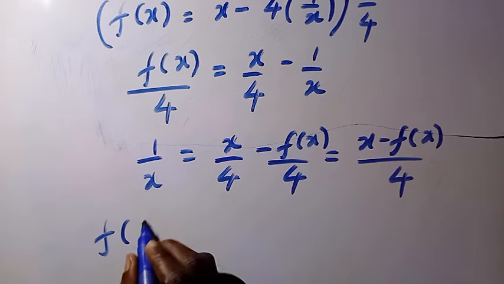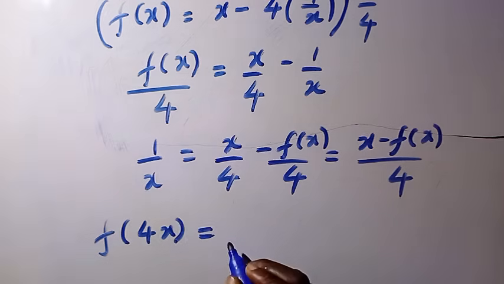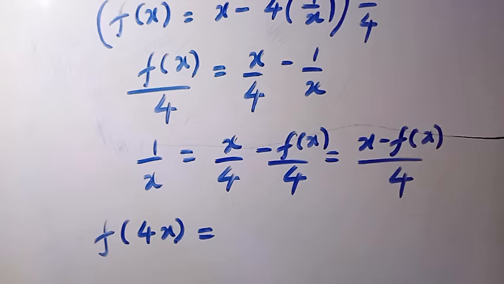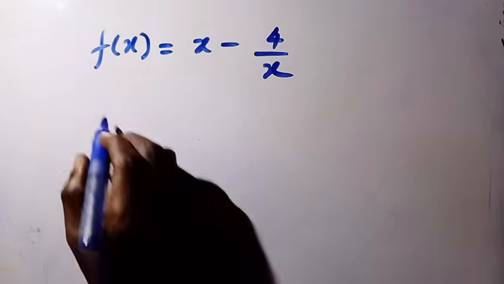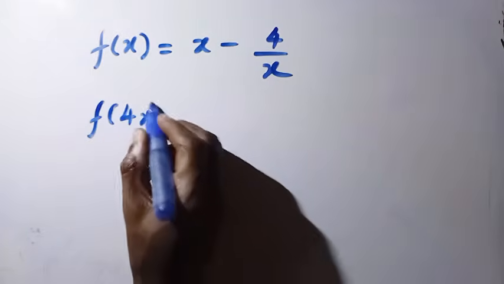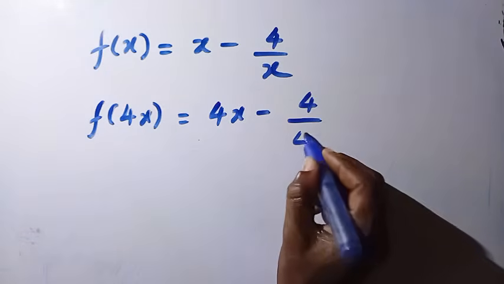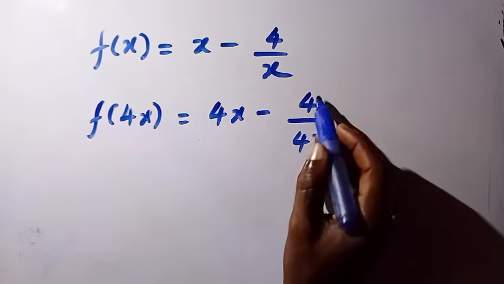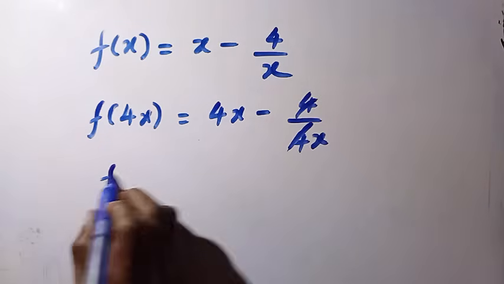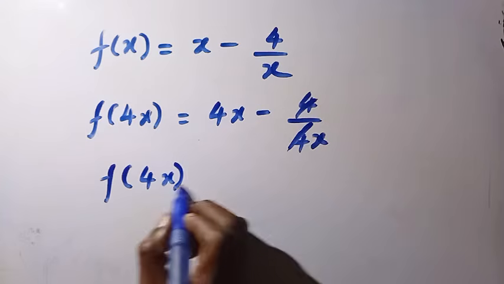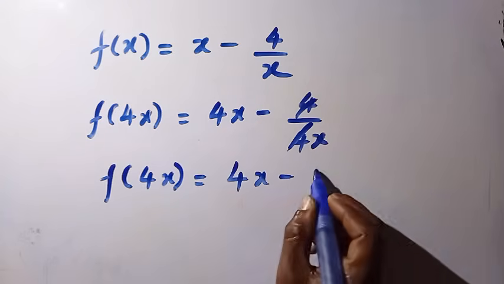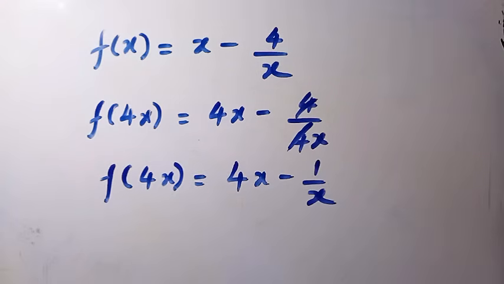We have f of 4x, substitute into x minus 4 over x. So let's replace x with 4x. We have f of 4x equals 4x minus 4 divided by 4x. If 4 cancelled 4, we have f of 4x equals 4x minus 1 divided by x.